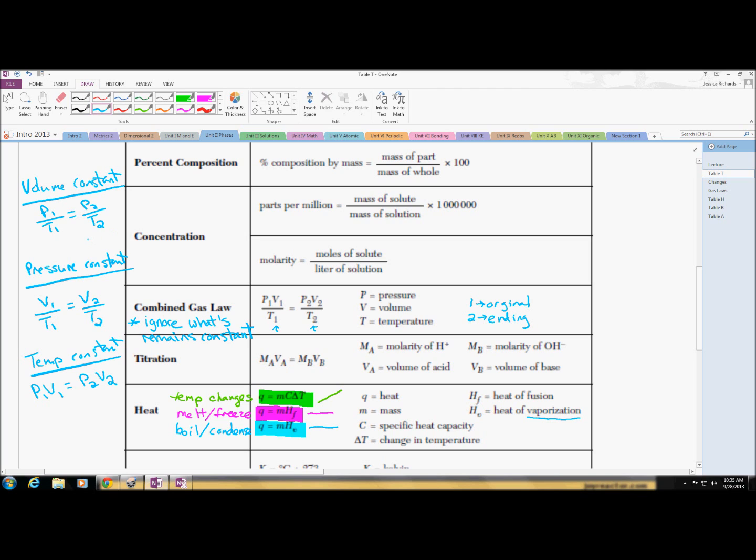One of the mathematical things that I want you to look at right now, though, is how these equations work out. If the volume stays constant and we have pressure and temperature, what type of relationship is that? Well, if I have 10 over 10, which equals 1, and I change the temperature to 100, what would the pressure have to be?